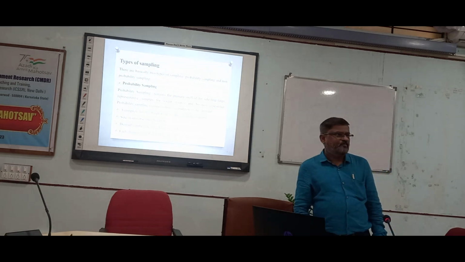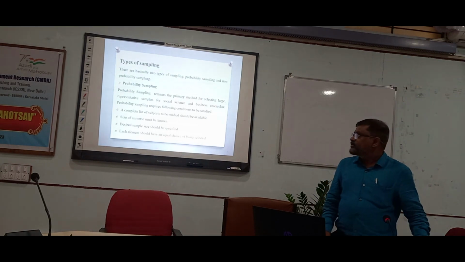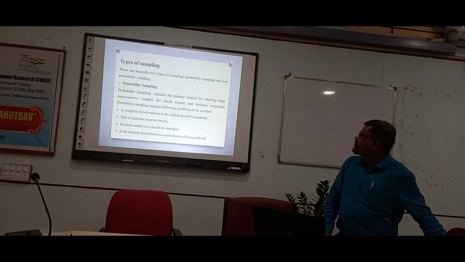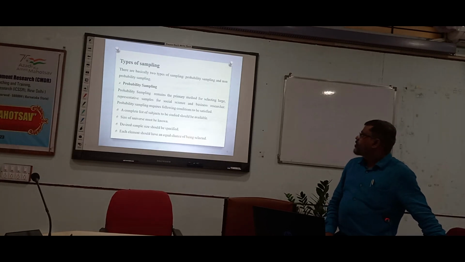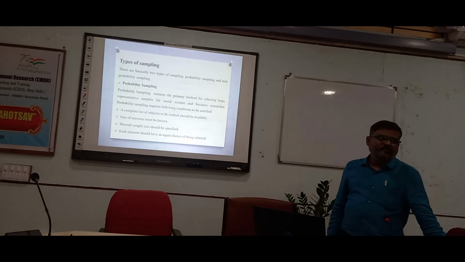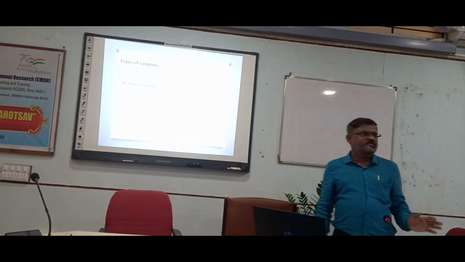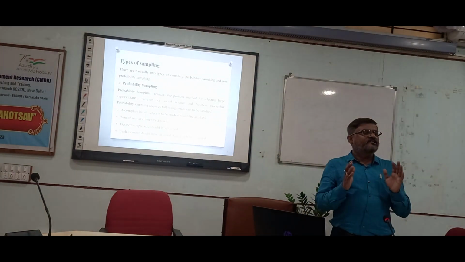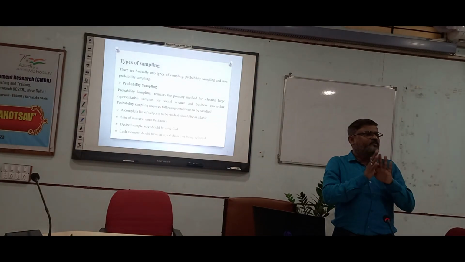Then the types of sampling. We already discussed this. There are two types of sampling in social science research: probability sampling and non-probability sampling. In social sciences we are always talking about probability, because we cannot state exact things.